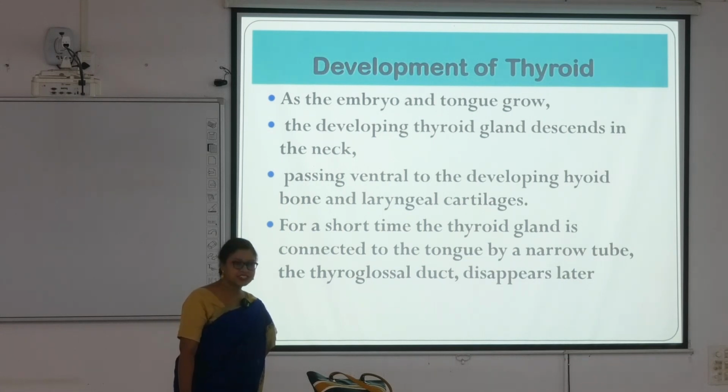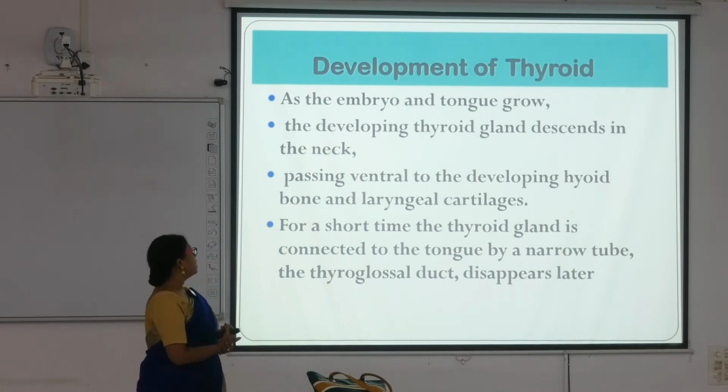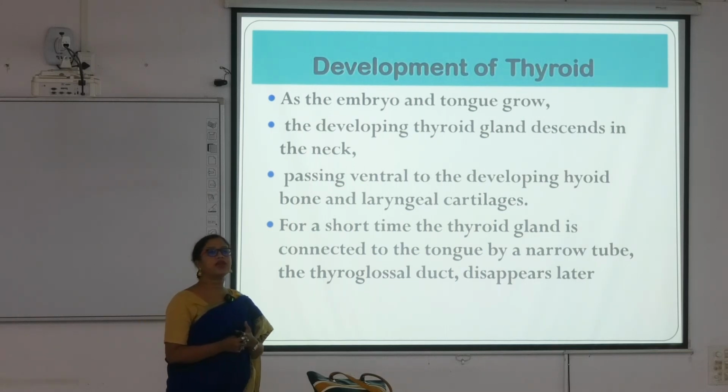C3 to C6. That is also the extension of larynx. Then for a short time the thyroid gland is connected to the tongue by a narrow tube. This is known as thyroglossal duct, which will gradually disappear.